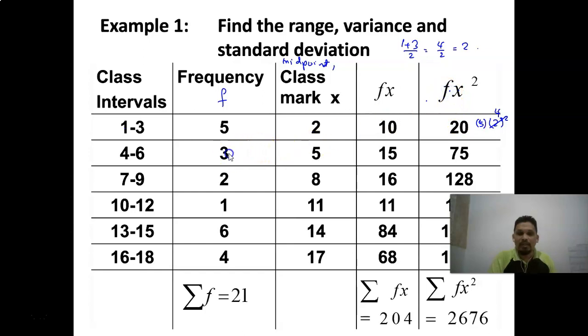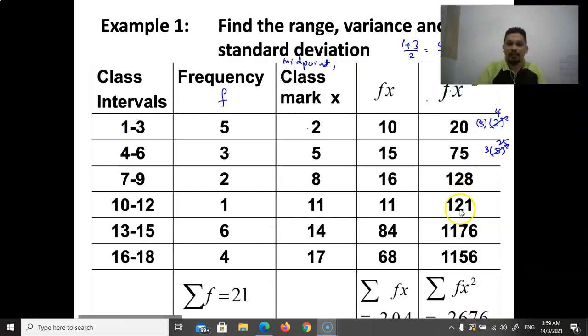F again equals 3, multiplied with x squared, 5 squared. 5 squared is 25, 25 times 3 equals 75. That's it. So f times x: 5 times 2 equals 10, 3 times 5 is 15, 2 times 8 equals 16. So the summation of fx equals 204 and the summation of f times x squared equals 2676.